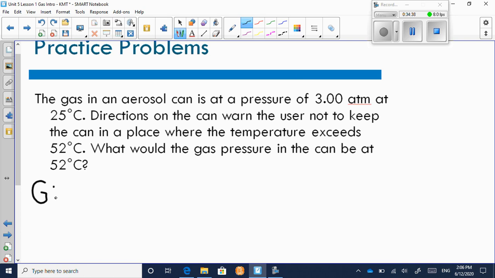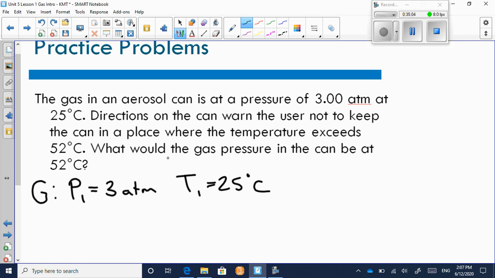Given a gas in an aerosol can is at a pressure of 3 atmospheres. So P1 is equal to 3 atm, and a temperature of 25. T1 is 25 degrees Celsius. Directions on the can warn the user not to keep the can in a place where the temperature exceeds 52.